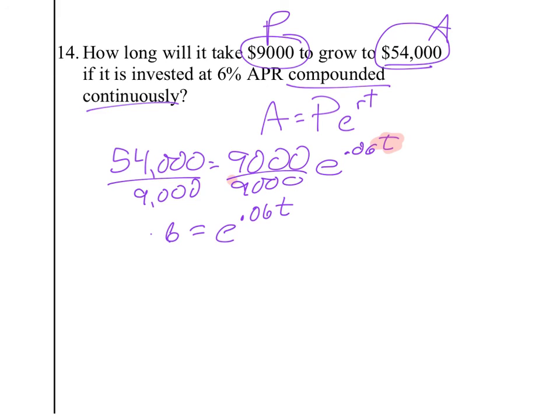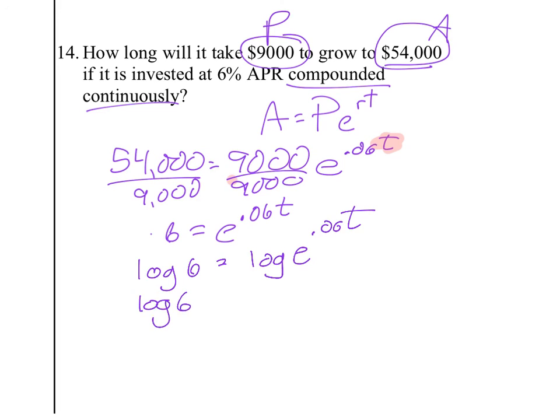Now I have to take log of both sides. Log of 6 is equal to log of e to the 0.06 t. You can bring the 0.06 t down front.